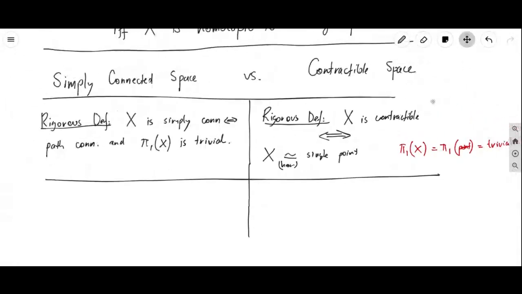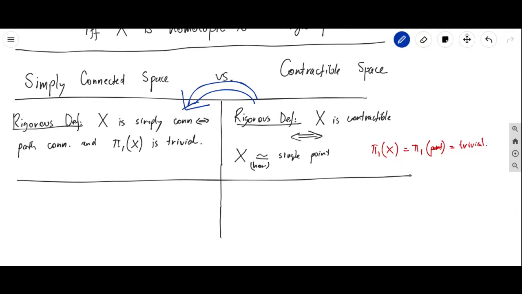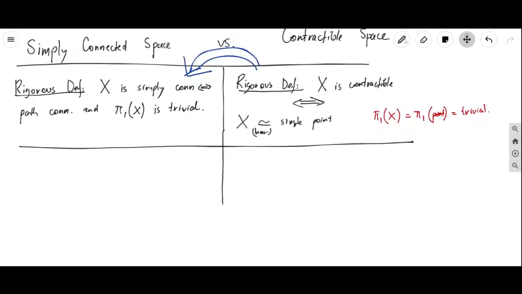So which one implies which one? Clearly a contractible space implies that you have a simply connected space, right? That's clearly the case because of this. But the other way around is not true.